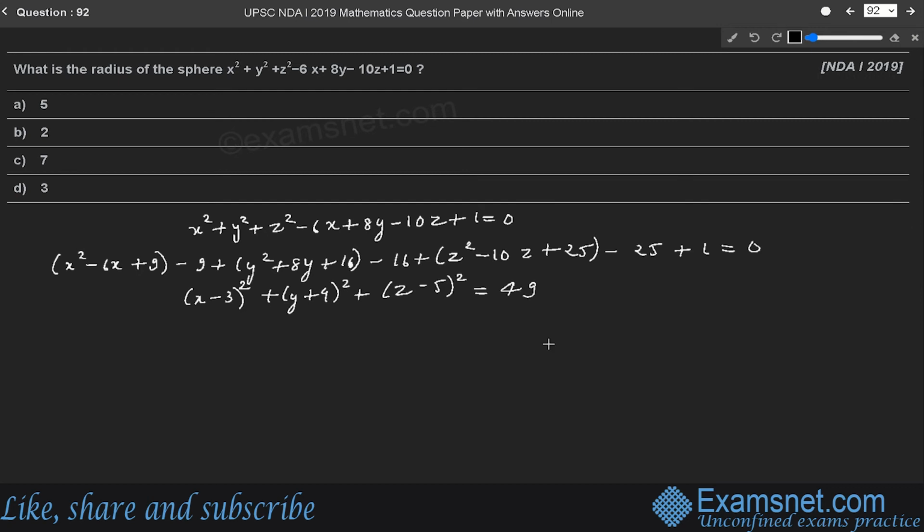We have separated the variable terms and the number. Therefore, we can say that radius of the given sphere will be 7. Therefore, the correct option for this question is option number C, which is 7. This is the correct radius for the given sphere.